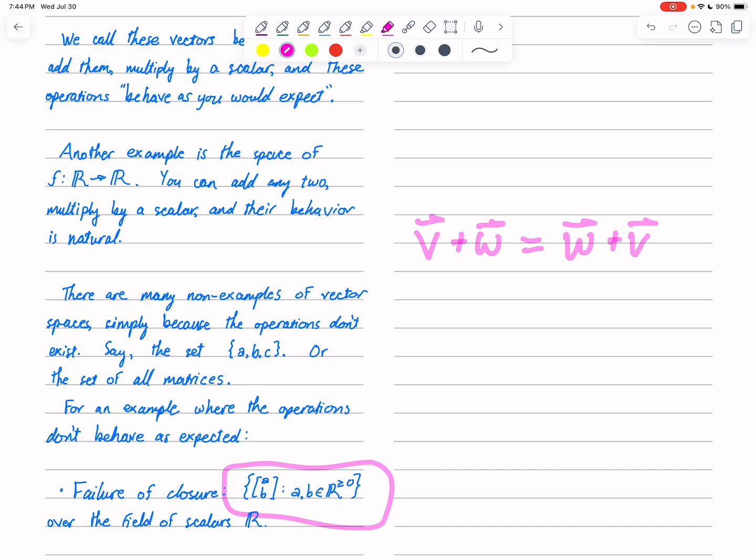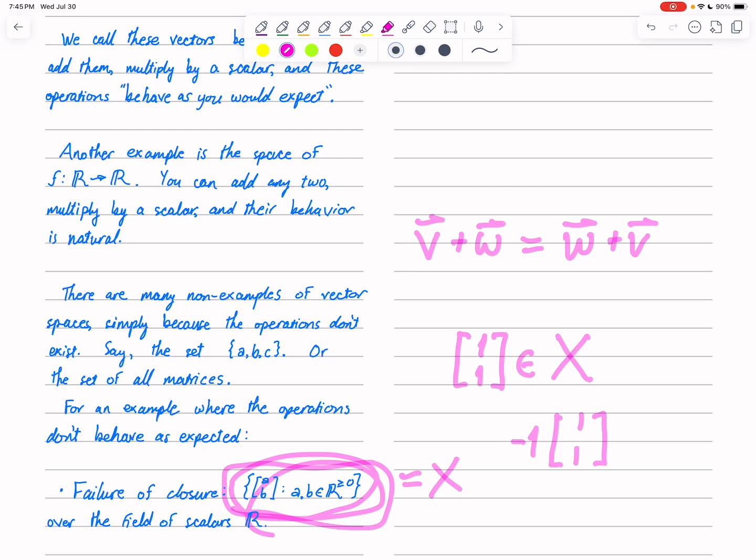Well, it's closure under scalars. If you took, for instance, the vector 1, 1, which certainly is in this set, let's call this set X just for easy reference. This example vector is in the set X, but if you multiply by -1, and that is an element in our scalar field, presumably, if we're taking lists of real numbers, then our scalar field is the real numbers.